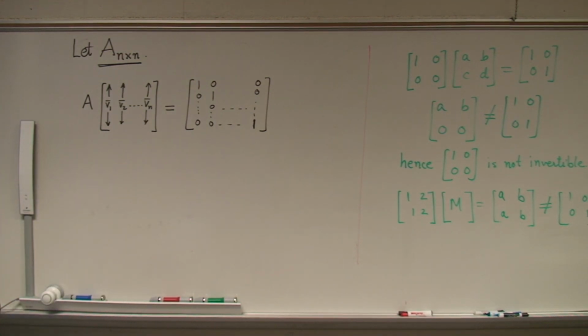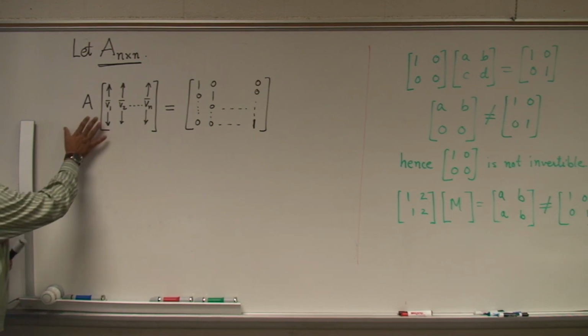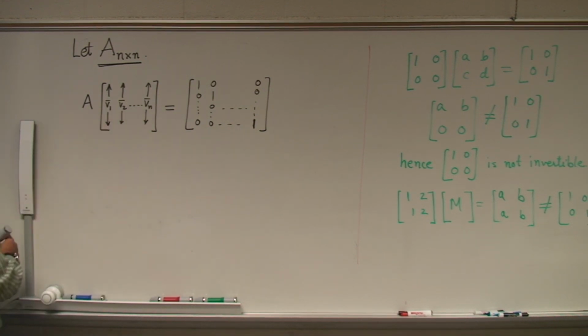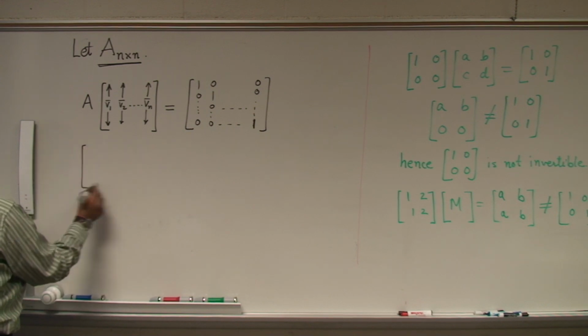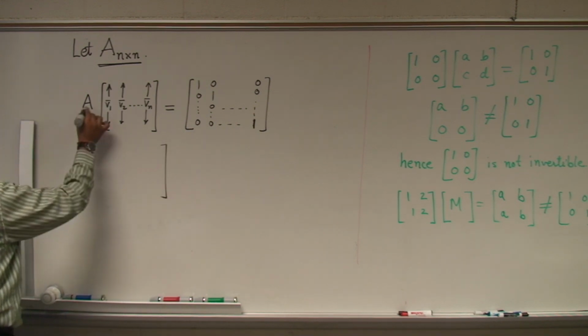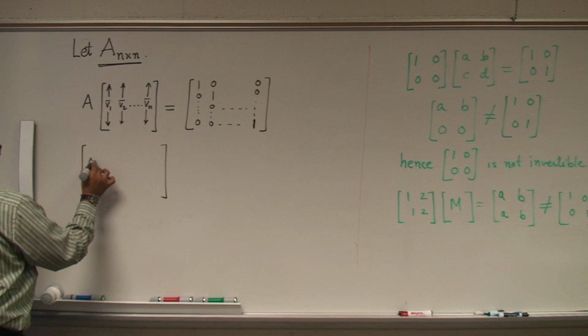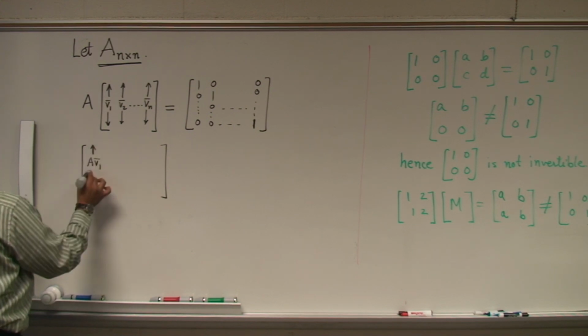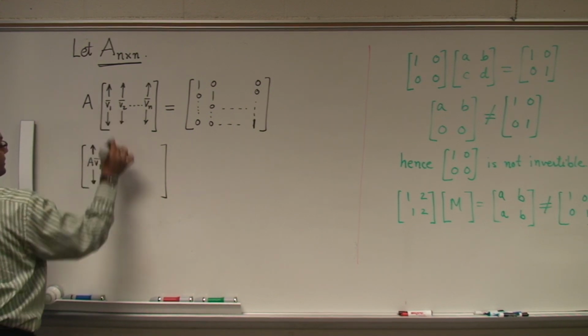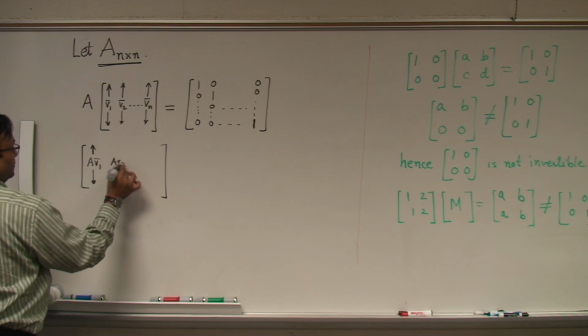Now, if you recall your matrix multiplication, when a matrix is multiplied to another matrix, it can be thought of as A acting on the vector V1, then A acting on the vector V2.